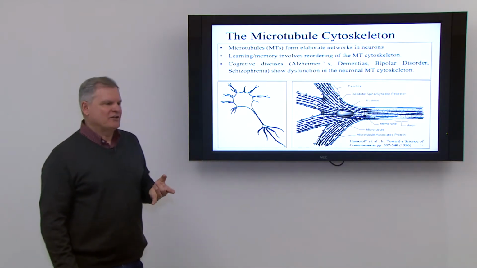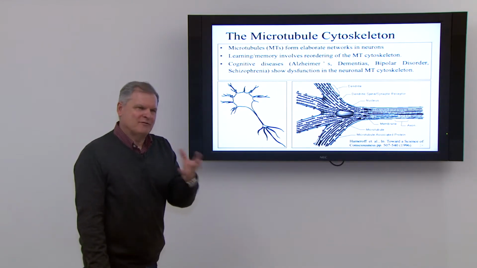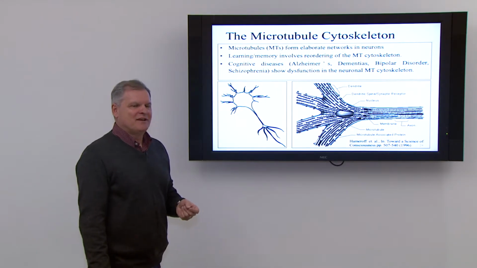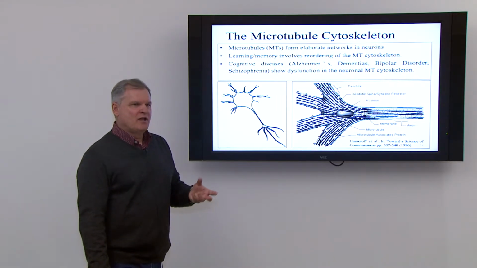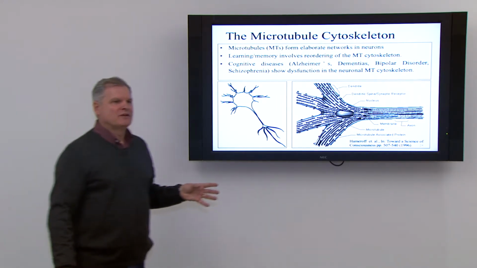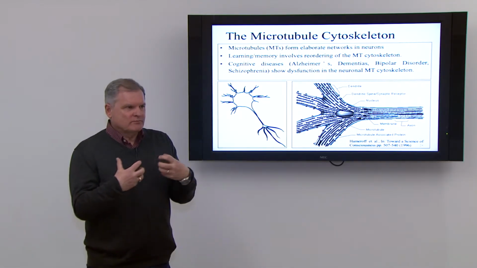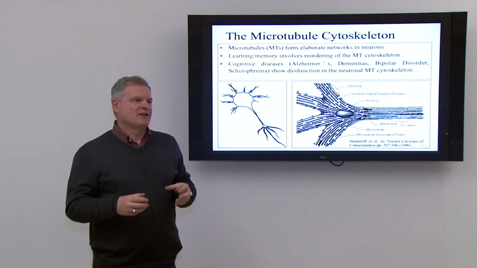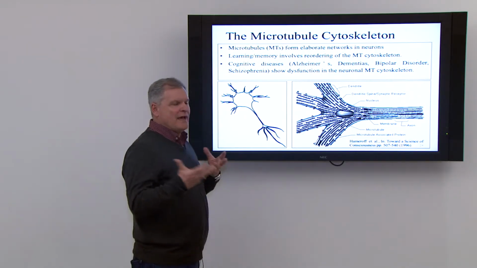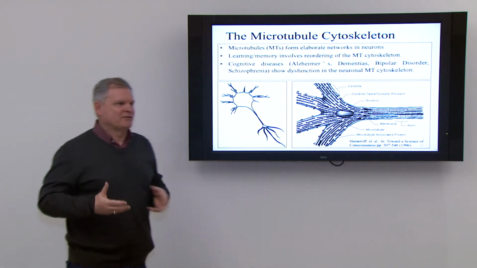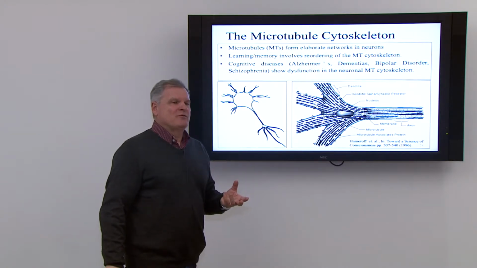For example, at least half of the community in Alzheimer's disease research believes in tauopathy, which means hyperphosphorylation of tau, MAP tau, which disconnects microtubules and causes the degradation of this network and eventual death of neurons. So loss of memory is happening on the way, and therefore that may give you some clues where memory can be stored.